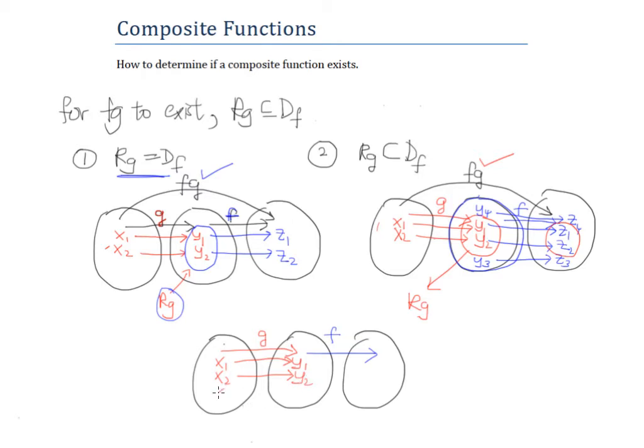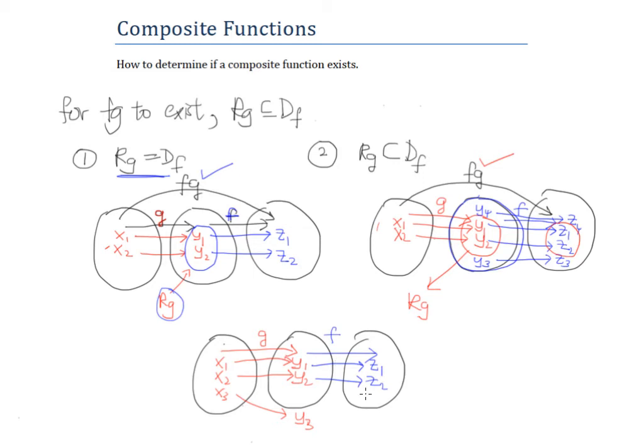But I have another x3 which, when I map over, falls outside the domain of f. Which means the domain of f is too small to accommodate this entire range of y1, y2 and y3. In other words, this y1, y2 is only the part of the domain of f. So when you map over, it becomes z1 here, and z2.